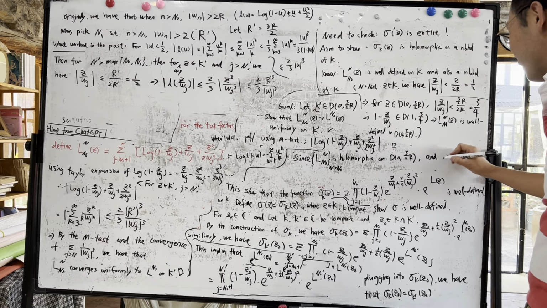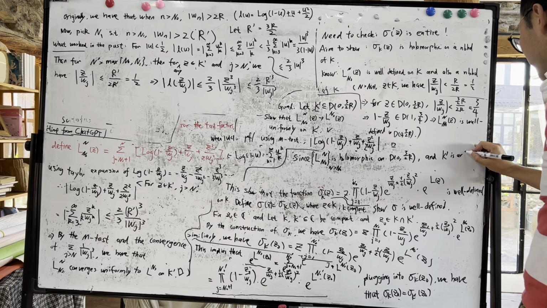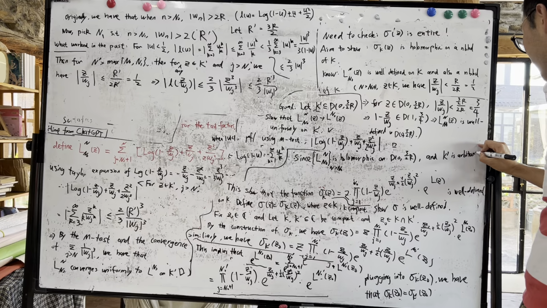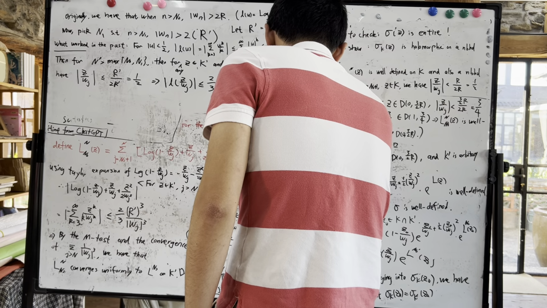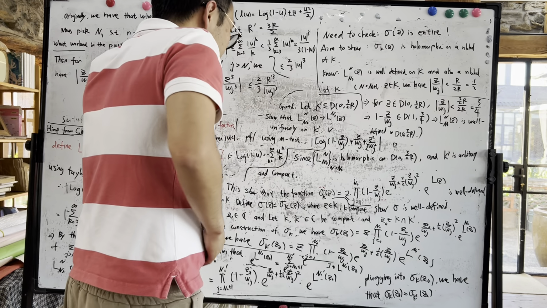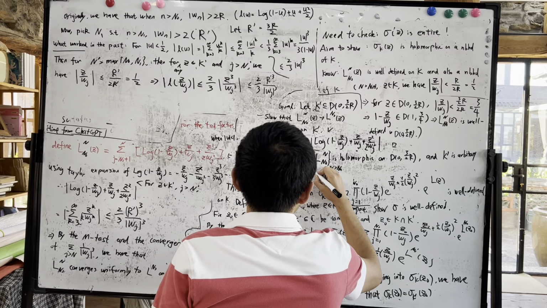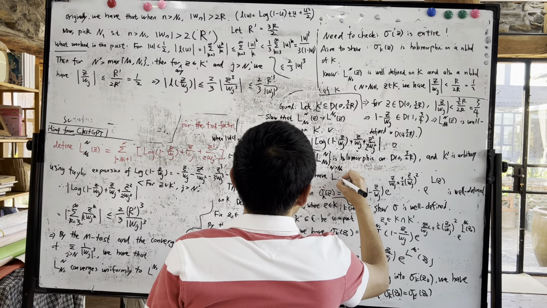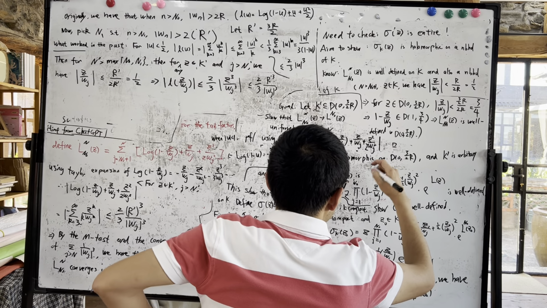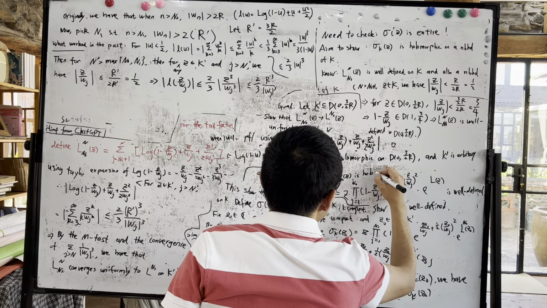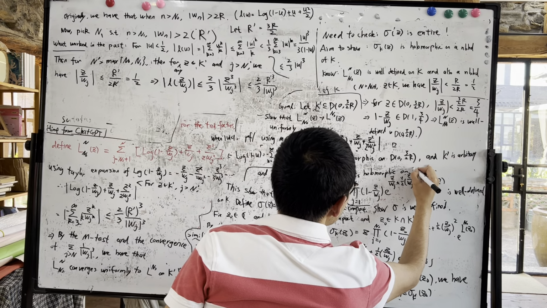It's holomorphic on the disk, and K prime is arbitrary and compact. So therefore, by the convergence theorem for the holomorphic functions, we have that this L n naught z is holomorphic on this disk, right?